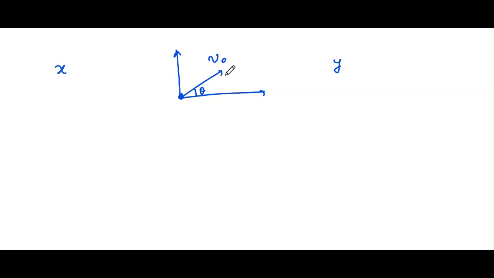So along x-axis, the component of initial velocity, let's say v naught x, is v naught cos theta, and along y-axis, the component is v naught y equals v naught sin theta. We can see here very clearly. So this is v naught along y-axis, and this is v naught along x-axis.